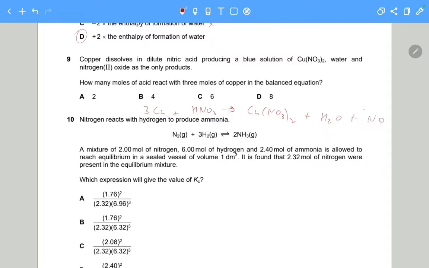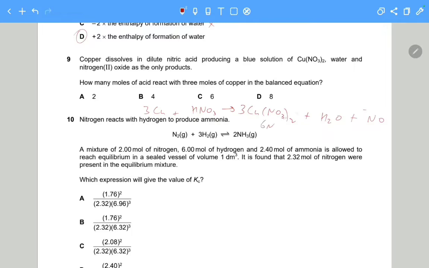Now we have 3 coppers on the left, so we need to have 3 coppers on the right, and by having 3 coppers on the right, we have 3 times 2 times N, because it's NO3 whole twice. So 3 into 2 into N, which is 6N here.